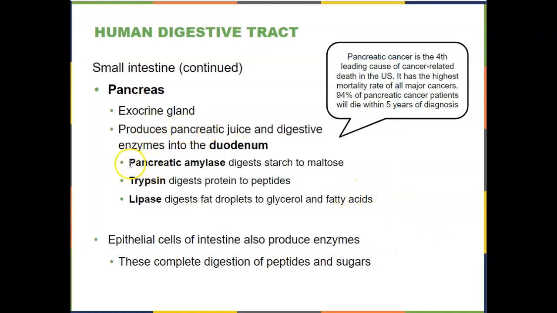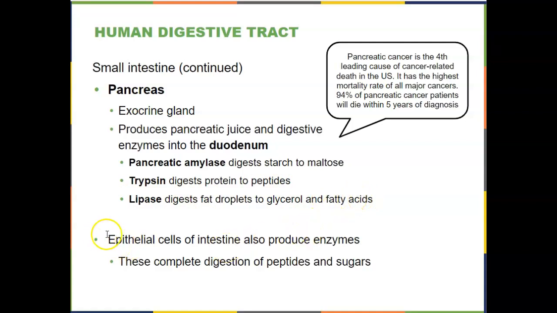And three target enzymes you want to know about are pancreatic amylase, which digests starch to make a disaccharide called maltose. Trypsin, which breaks proteins down into very short peptide chains, usually dipeptides. And then lipase, which takes triglycerides and breaks them apart into glycerol and the individual fatty acids.